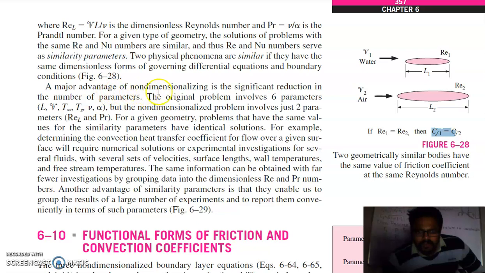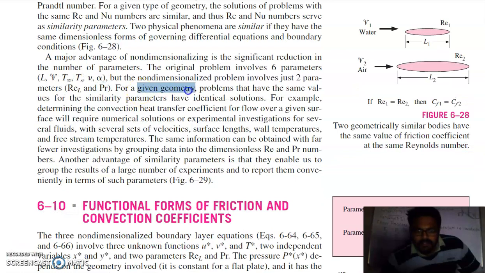An advantage of non-dimensionalizing is the significant reduction in the number of parameters. The original problem has 6 parameters: length, velocity, T infinity, surface temperature, viscosity and alpha. But the non-dimensional problem involves just 2 parameters, which are Reynolds and Prandtl. For a given geometry, problems that have the same values for the similarity parameters have identical solutions.